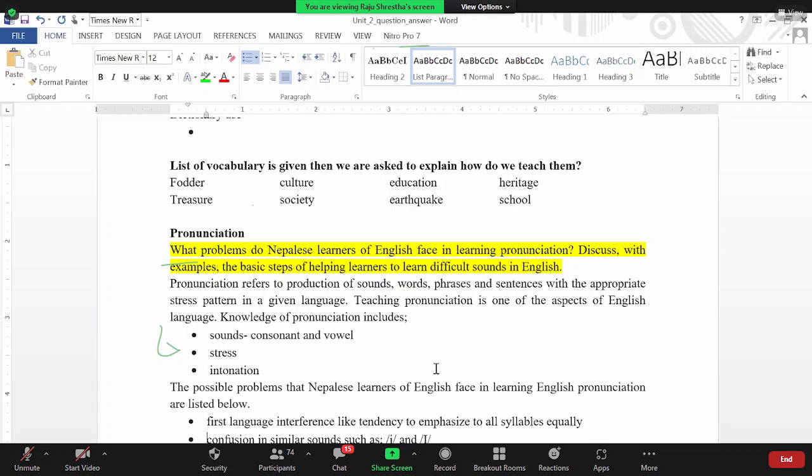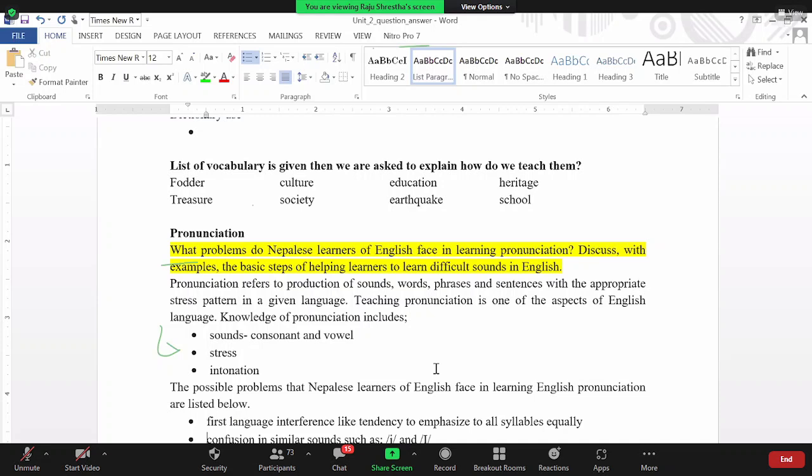But in Nepali we don't have this kind of pattern. Nepali is a syllable-timed language. In Nepali, when we speak, all the syllables get equal prominence, equal emphasis. English stress time language ho, Nepali syllable time language ho.